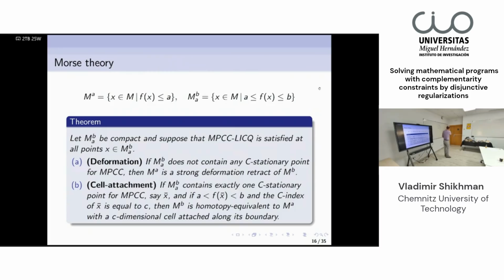And as we see here, we need non-degeneracy. So to prove all these results, you need the C index. But the C index is defined only if you do not have zeros. If no zero eigenvalues, no zero Lagrange multipliers, the non-degenerate case. Okay, this is generic. So you exclude singular situations.